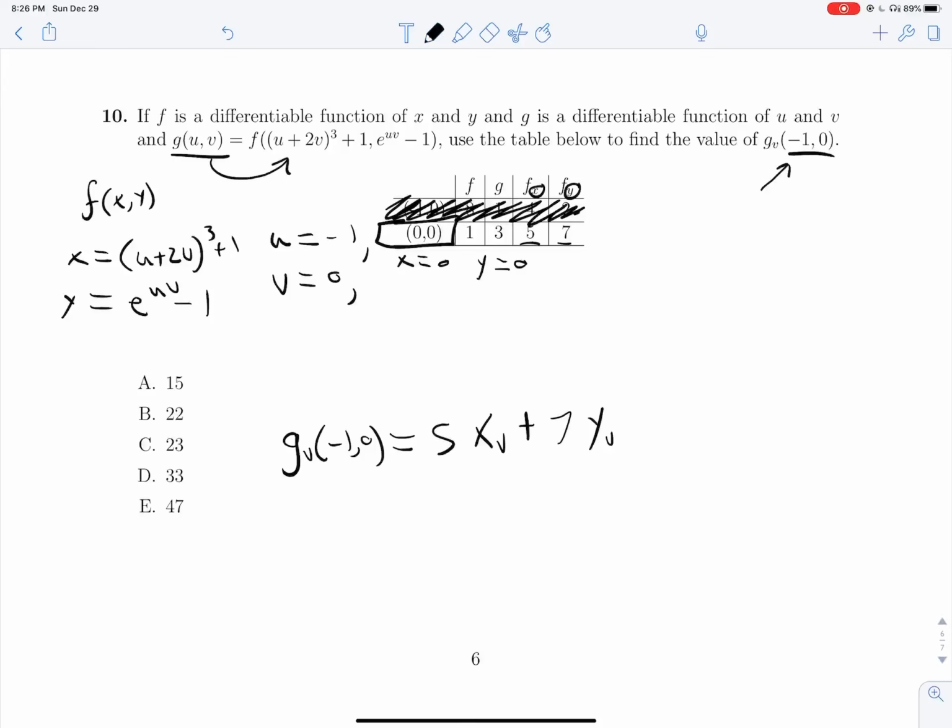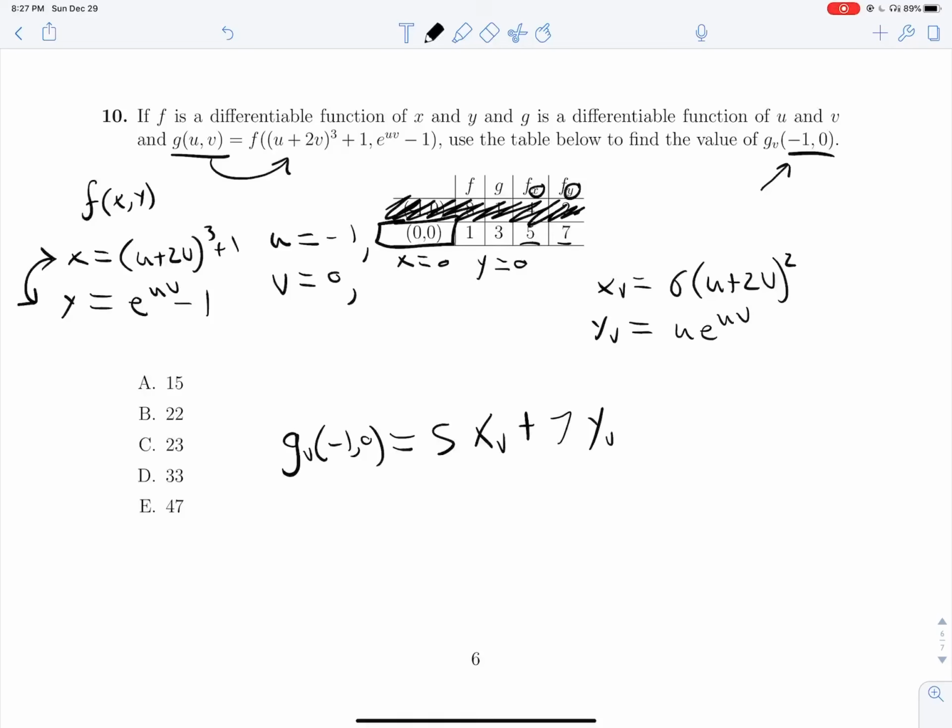And so all we need to do is take the partial derivatives of x and y that we have over here with respect to v. So xv, we'll see that that is 6u plus 2v squared, whereas yv is going to be ue to the uv.